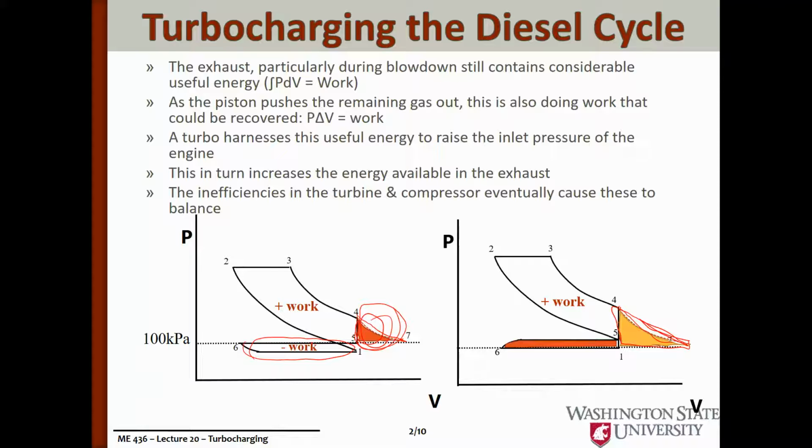Now this is a virtuous cycle, but it doesn't continue indefinitely. At some point, the inefficiencies in the turbo and the compressor balance these two out, because the area here is related to the work available in the fluid, and the area here multiplied by the turbine efficiency, multiplied by the mechanical efficiency of that turbo, and then multiplied by the compressor efficiency should equal this area here, which is the work we are able to do on the incoming air.